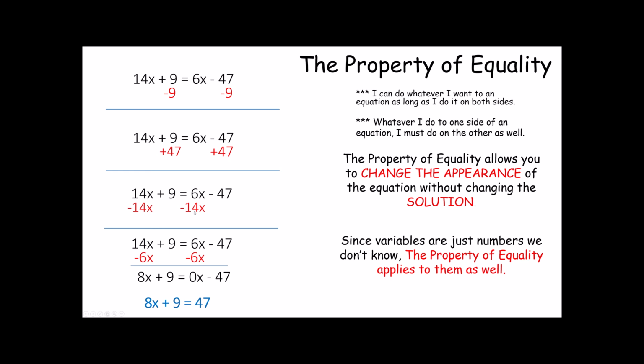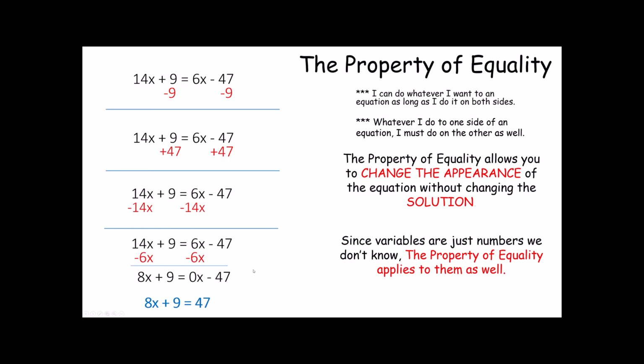We could move the 14x's to the other side by making our 0 on the left. We could move the 6x's to the left by getting a 0 on the right. Any of these things is acceptable. Technically, I could also multiply both sides by 42 or divide both sides by negative 3.7, but these are probably the most useful options.